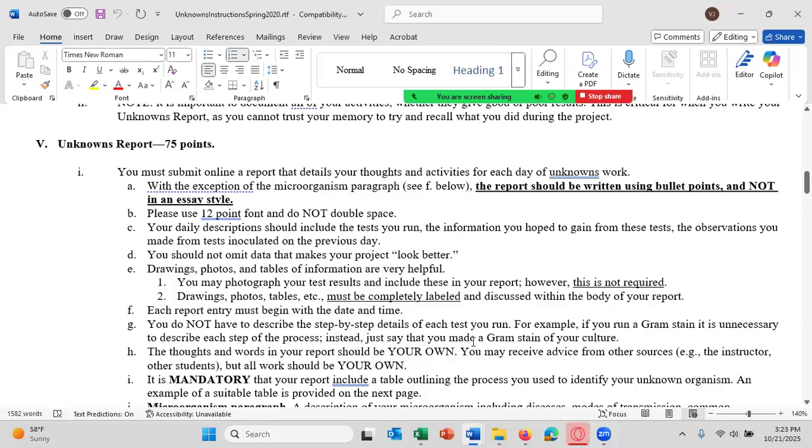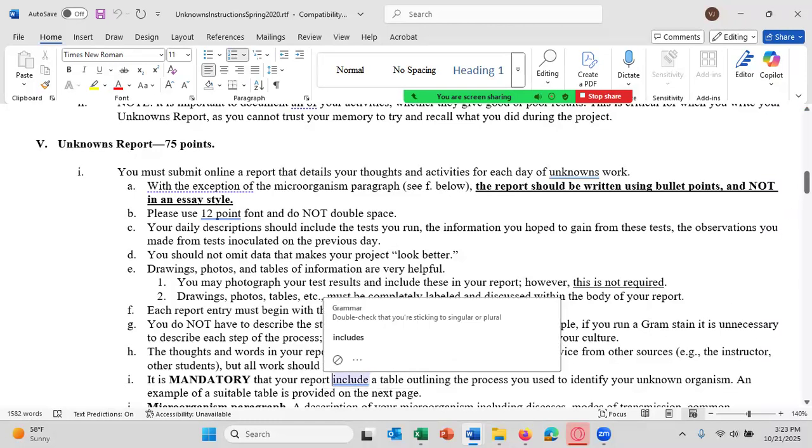The cells came out purple round cells, and the interpretation is it's gram-positive cocci. Thoughts and words in your report should be in your own words. If you use advice from another, like the instructor, it should be put in quotes, and you should give a reference.